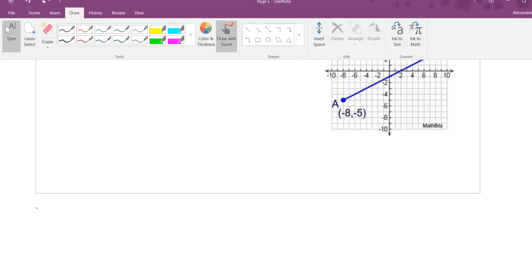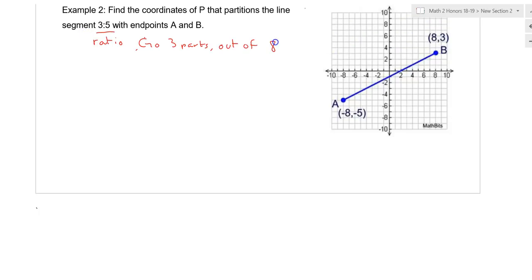Okay, so go 3 parts out of 8 parts. We rewrite it as a fraction: I want to go 3 out of 3 plus 5, which is 3 out of 8. So that's where that 8 comes from.